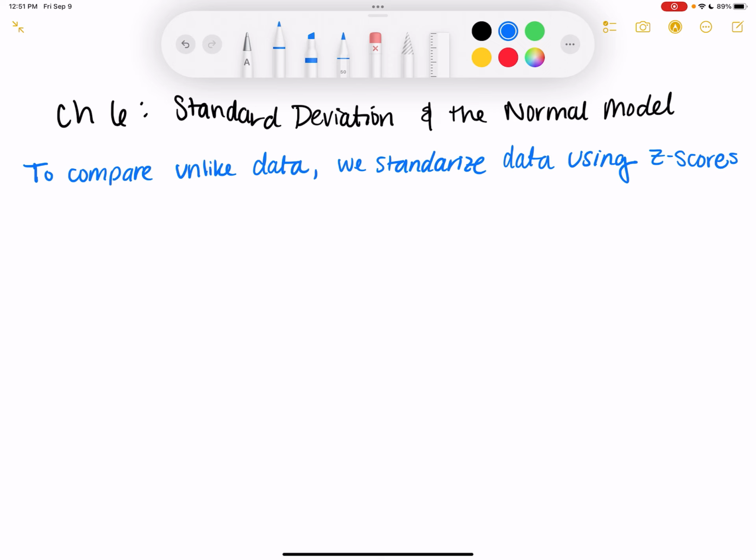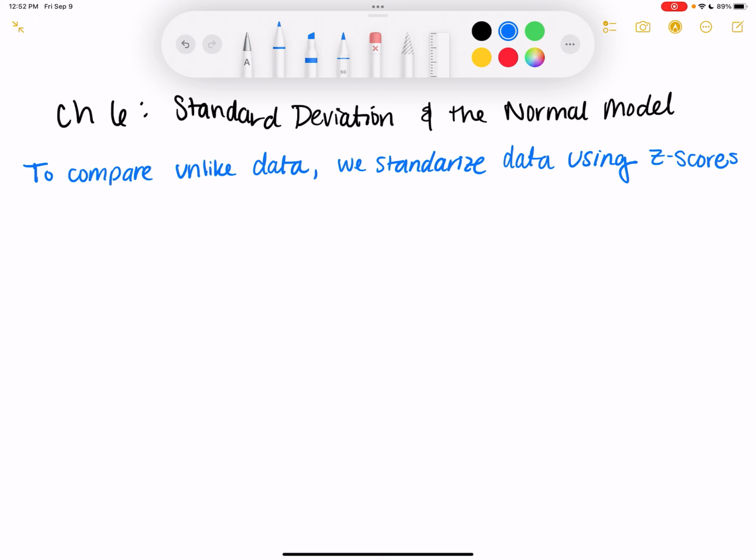You can see comparatively how you did compared to the rest of the class. Were you at the mean, above the mean, below the mean? That's what this is going to help tell you. That's just one quick example.